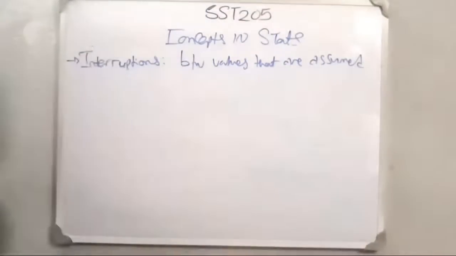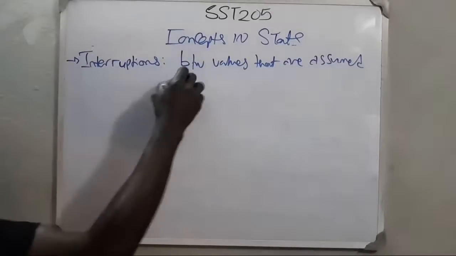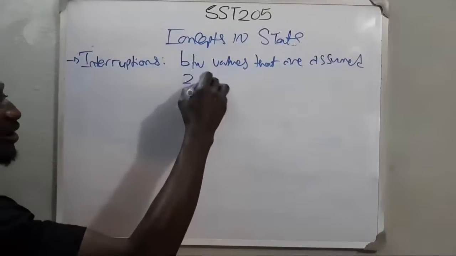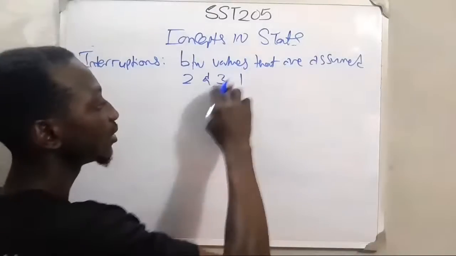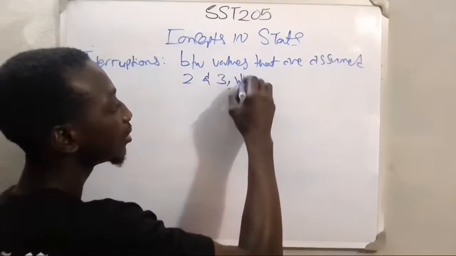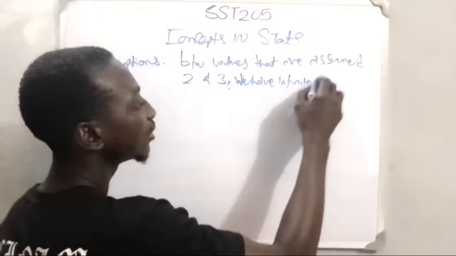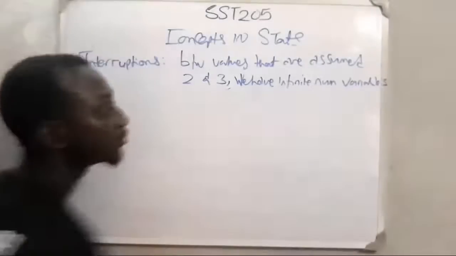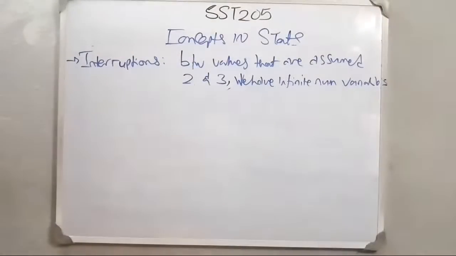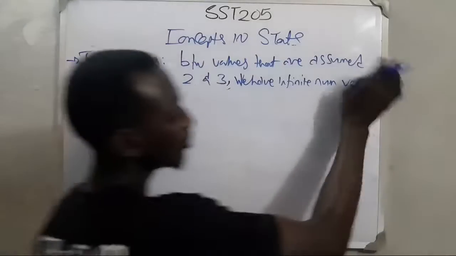Now, let's take an example of this. Between 2 and 3, there are infinite number of values.